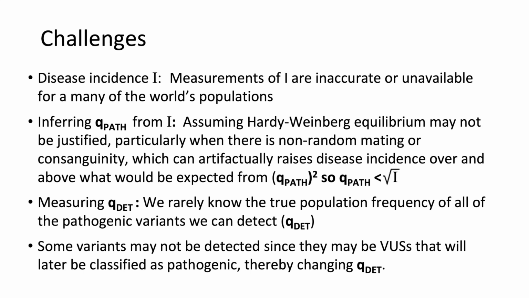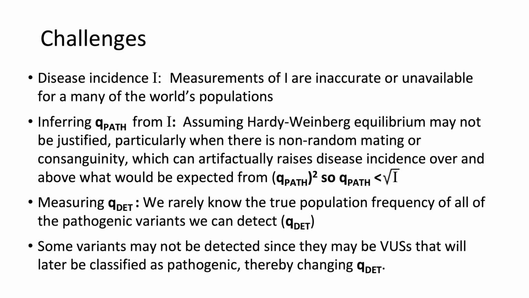Now, how about measuring QDET? We rarely know the true population frequency of all of the pathogenic variants we can detect. And there's going to be a group of variants that we know about that are classified as VUSs. They're not going to contribute to Q detectable right now, but may in a year from now, or 2 years from now, or 3 years from now.